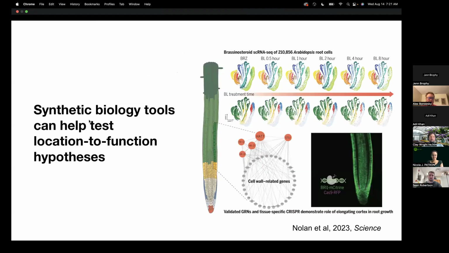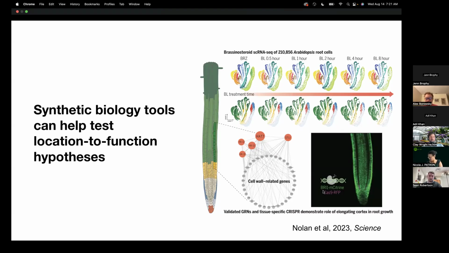And so synthetic biology tools can help us test location to function hypotheses. I'm just highlighting this example here from Trevor Nolan, where they used single cell data to understand how plants respond to brassinosteroid. He found an interesting response really specific to the cortex cells, but wanted to manipulate specifically those cells.